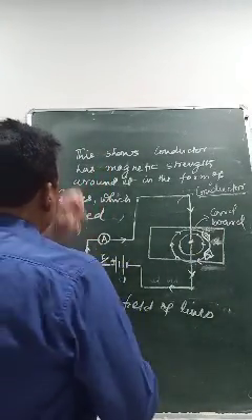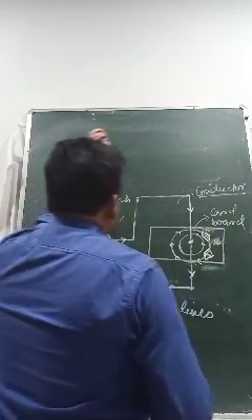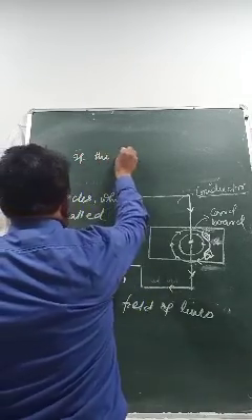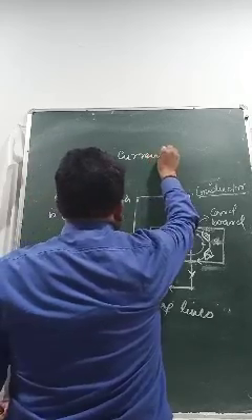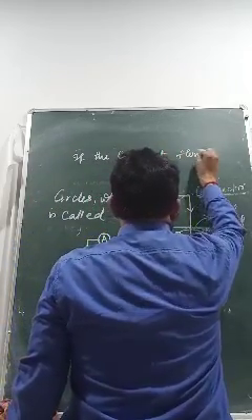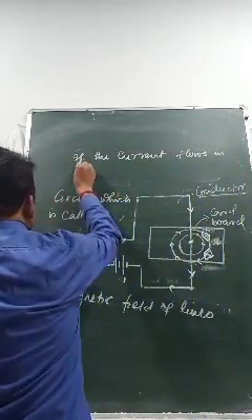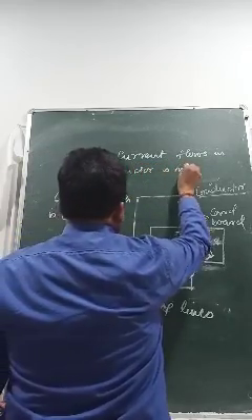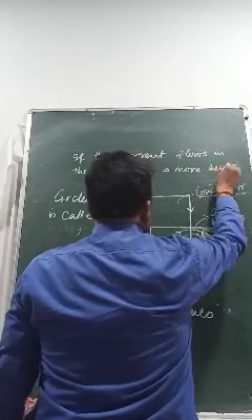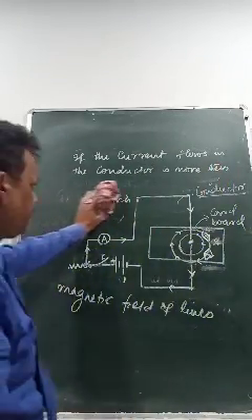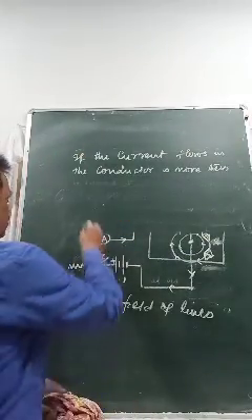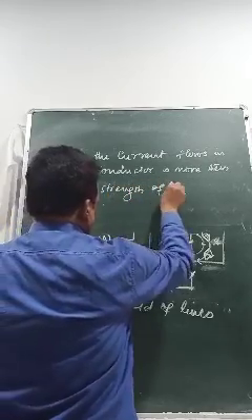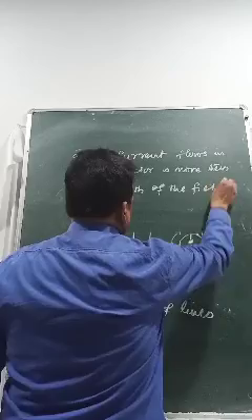So 2 points you can write. If the current that flows in the conductor is more, then the strength of the field is more.